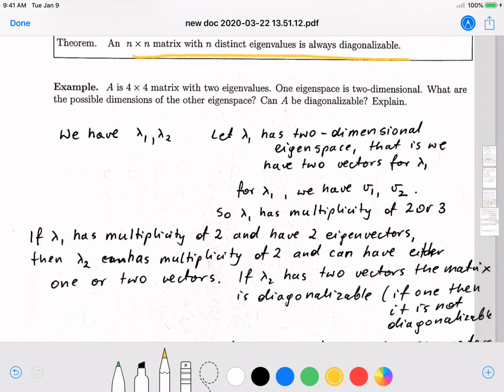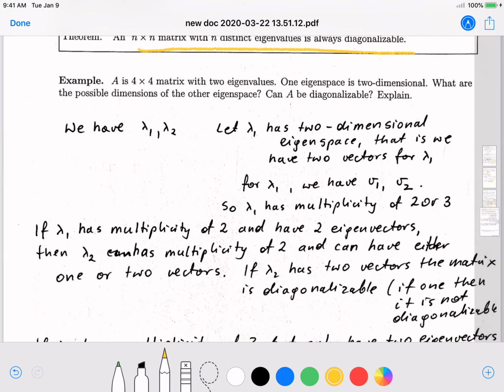Now we have an example. For a 4x4 matrix with 2 eigenvalues, one eigenspace is 2-dimensional. What are the possible dimensions of the other eigenspace? Can A be diagonalizable? Explain. So we have 2 eigenvalues, but the matrix is 4x4.